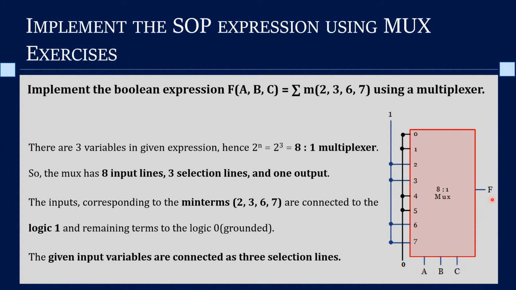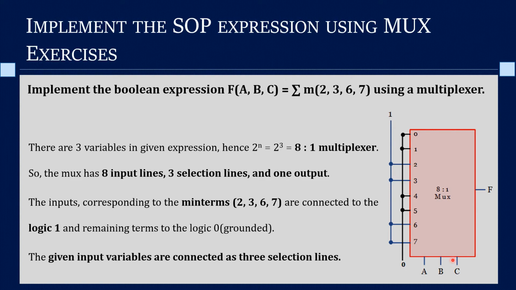The inputs corresponding to the minterms 2, 3, 6, and 7 are connected to logic 1, and the remaining minterms are connected to logic 0. The given input variables A, B, C are connected as the 3 selection lines.